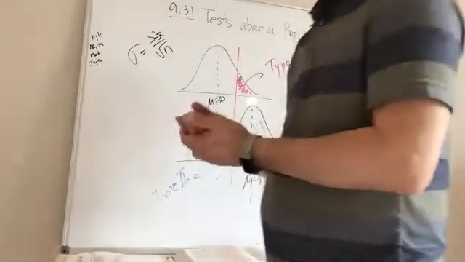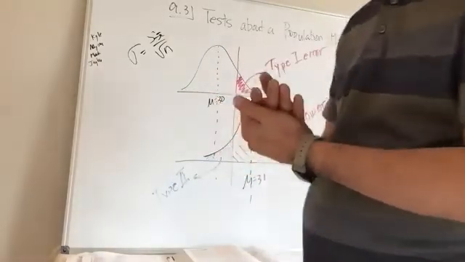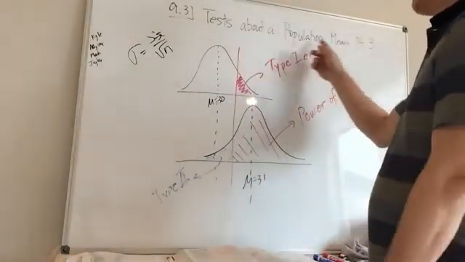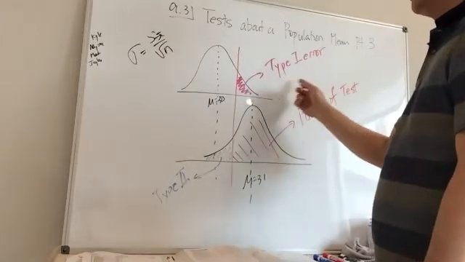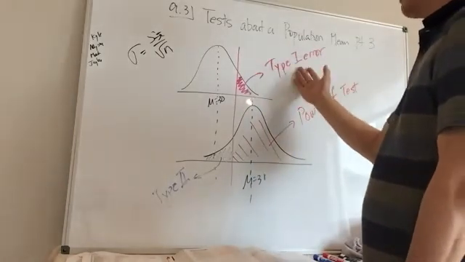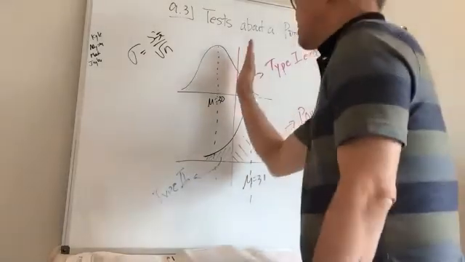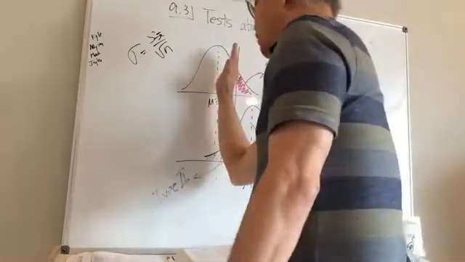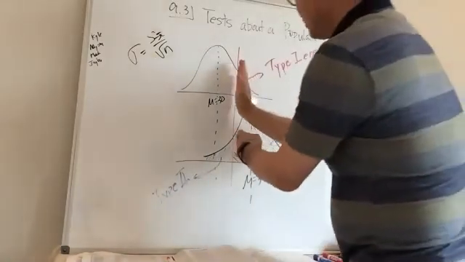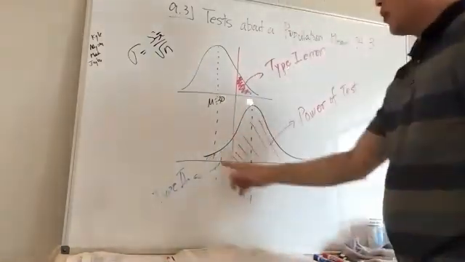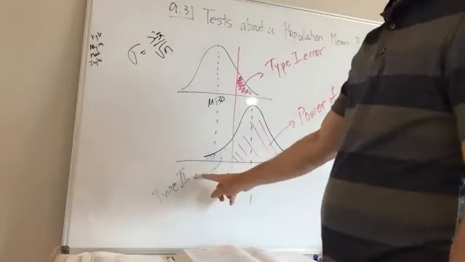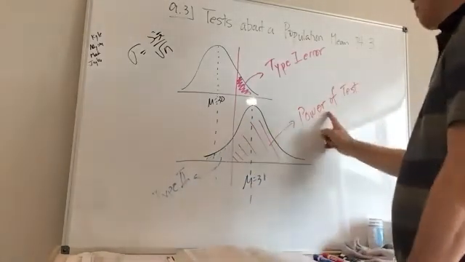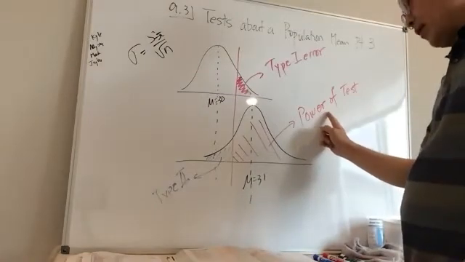Alpha was the same as a type 1 error. So if the alpha becomes larger, your type 1 error will become larger because you're going to shift this guy over here, which means that as you shift it over here, you're going to get less of a type 2 error. The power of the test becomes greater.